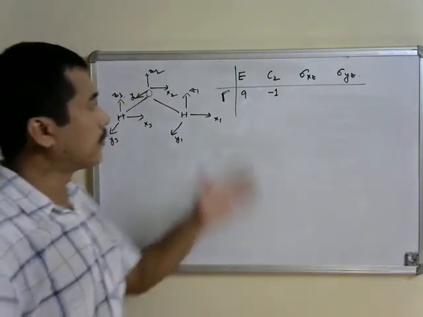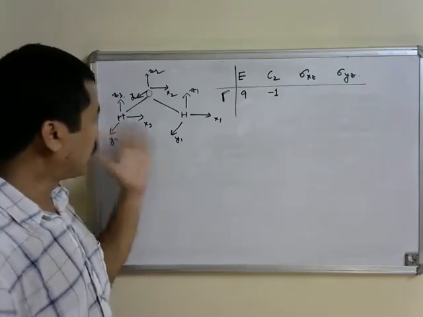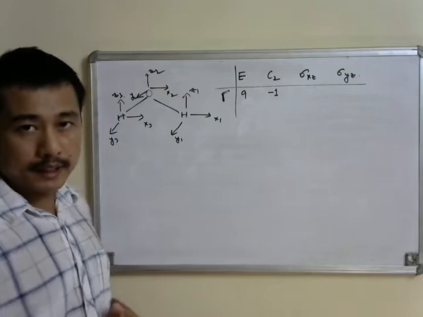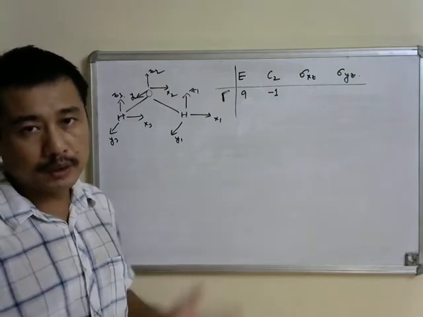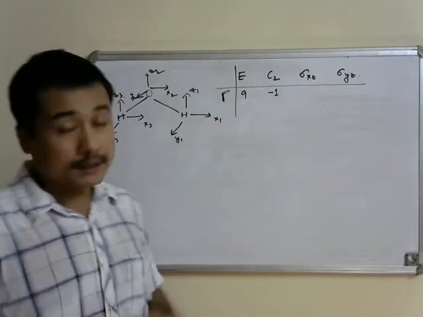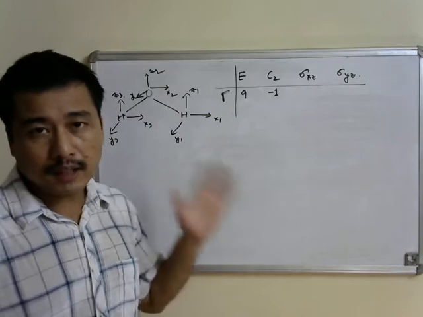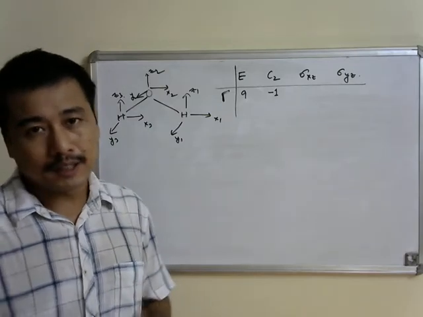When we did sigma v xz, that is the plane containing all the atoms of the water molecule, none of the atoms is going to change position, and that is why the displacement vectors on each of these atoms are going to contribute towards the character, that is for sure.